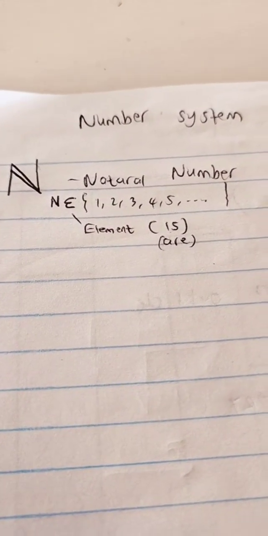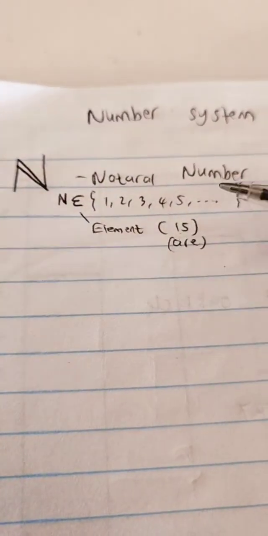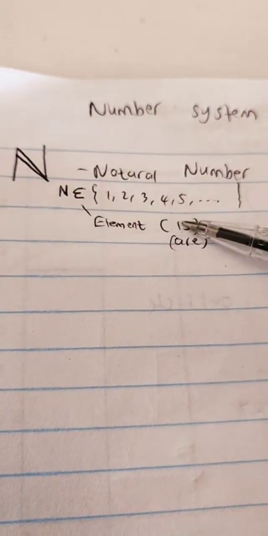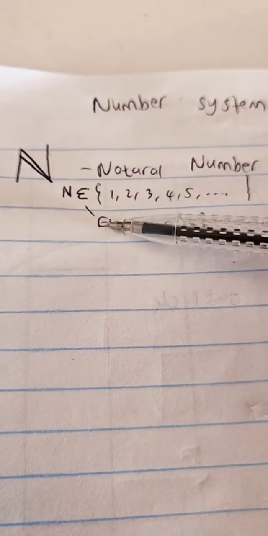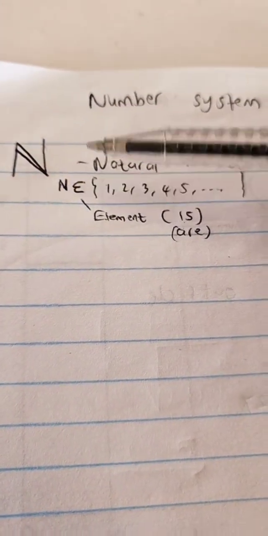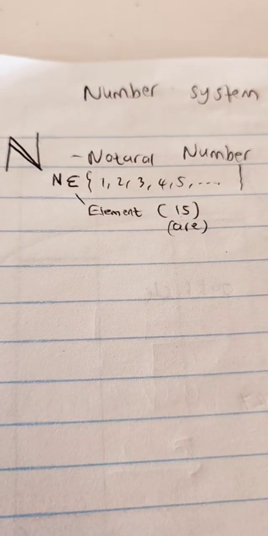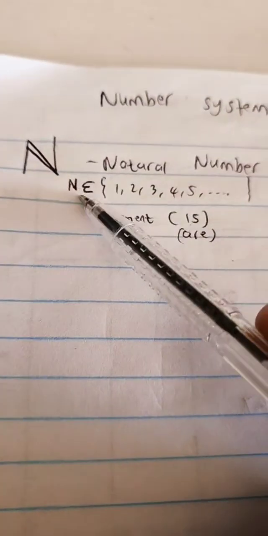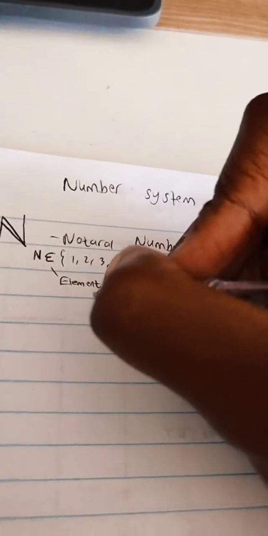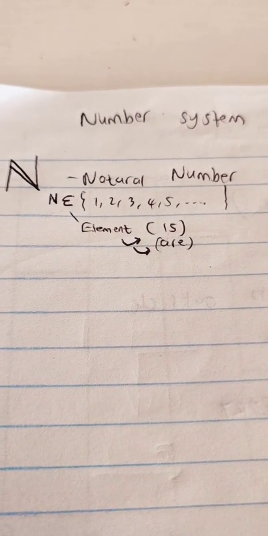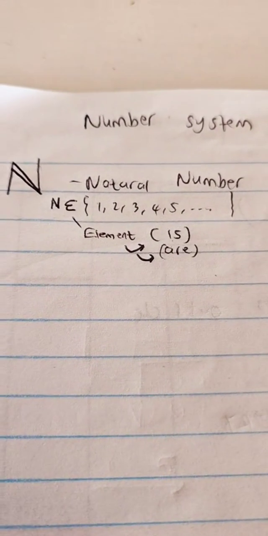This is like an are or is in English. So the word element means is or are. Natural numbers are 1, 2, 3, 4, 5, 6, 7, 8, 9, 10, 11. So this symbol, element, simply means in English is or are, however you want to look at it. Just in layman's terms.